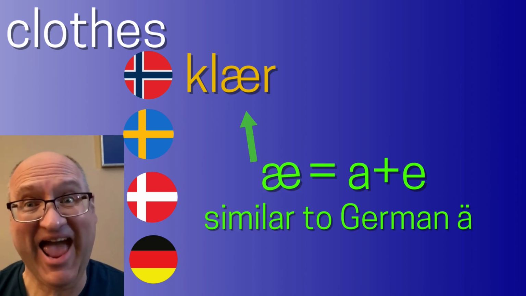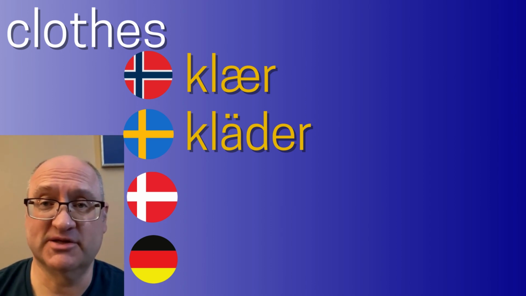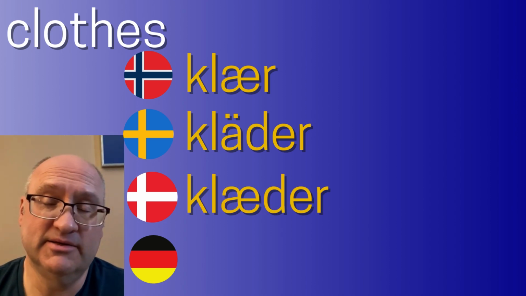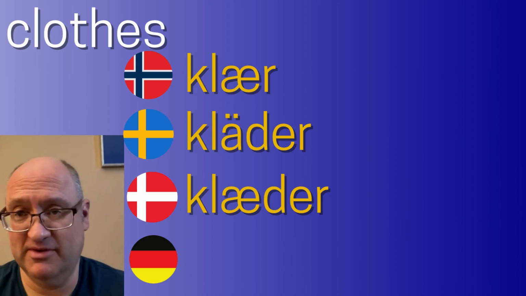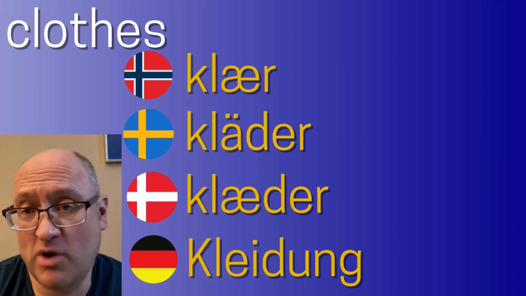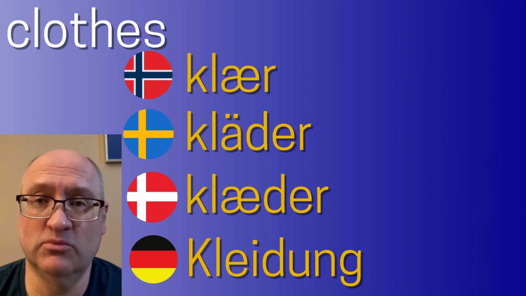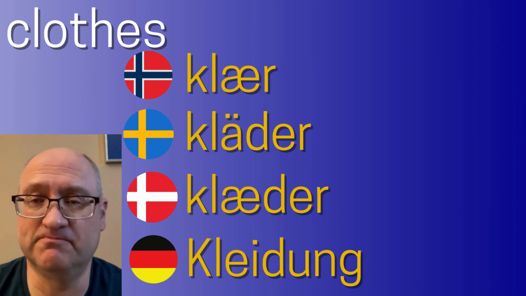And in Swedish, we have it spelled with an A with two dots on it, kläder. And in Danish, it would also be kläder, but spelled with the same letter that the Norwegians use. And in German, we have the word Kleidung, which is more closely related to the Scandinavian words, but a little bit different.